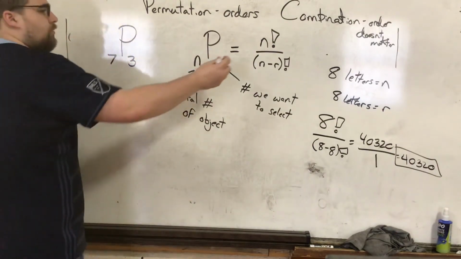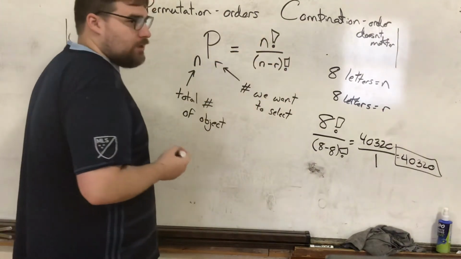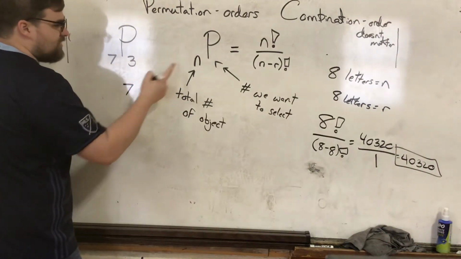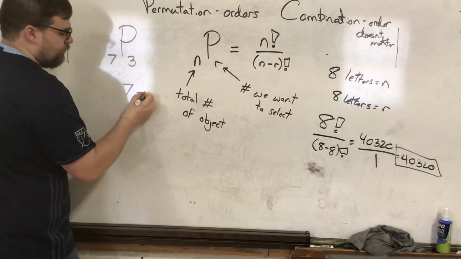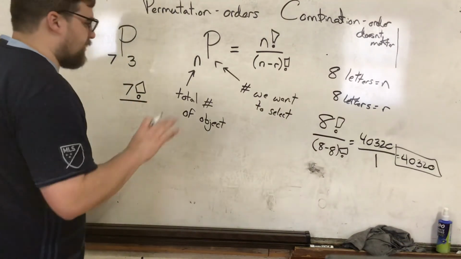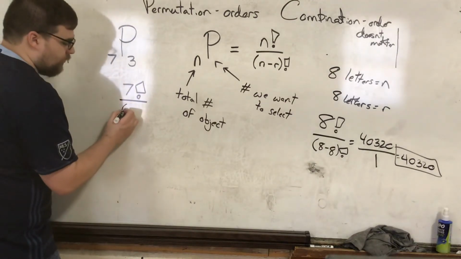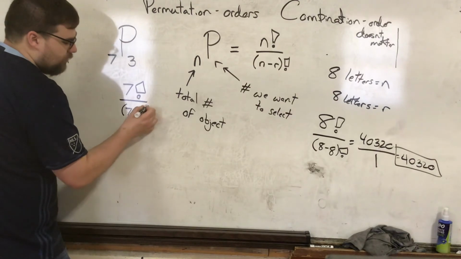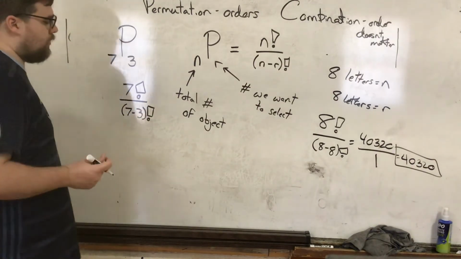But we can actually plug it into this formula to get our answer. So if 7 is n, 7 factorial, I'm losing my ability to draw exclamation points, I know, over n minus r, 7 minus 3 factorial.